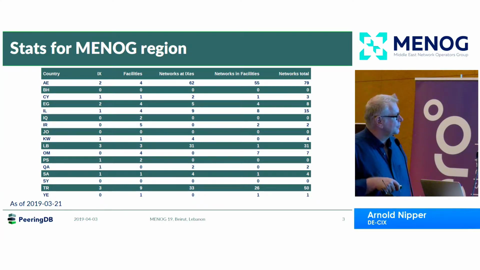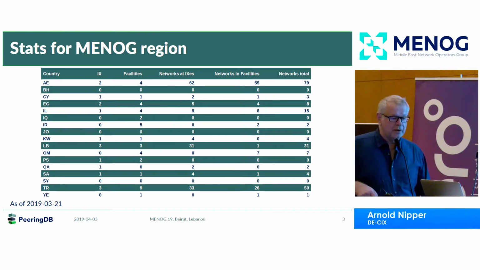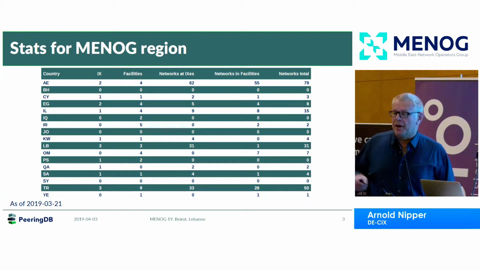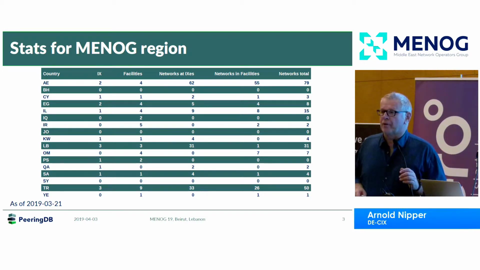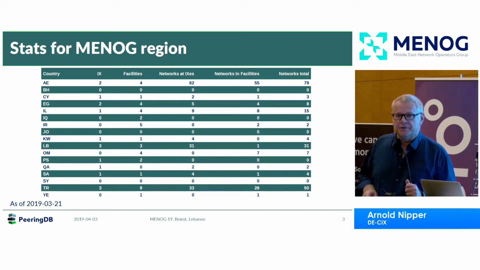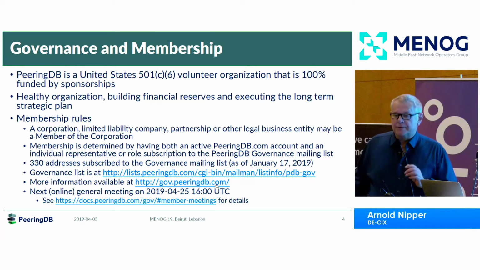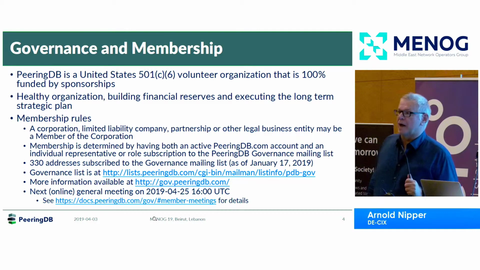The last is Turkey, which has 3 IXs, a lot of facilities, and also a lot of networks. And I guess we already learned from the presentation this morning that this region definitely needs more work on exchange points. So, who is behind PeeringDB?